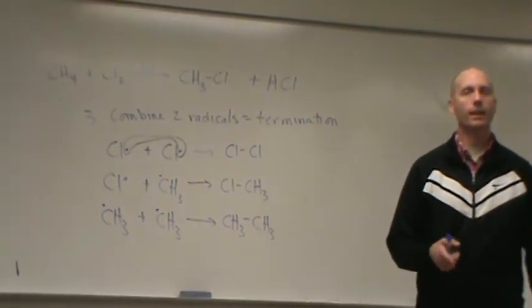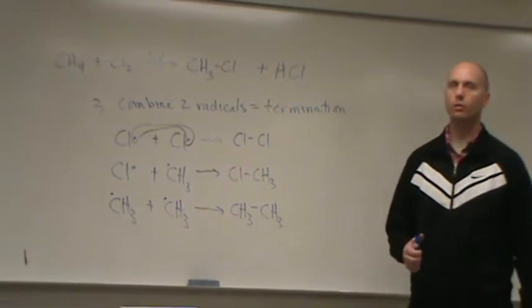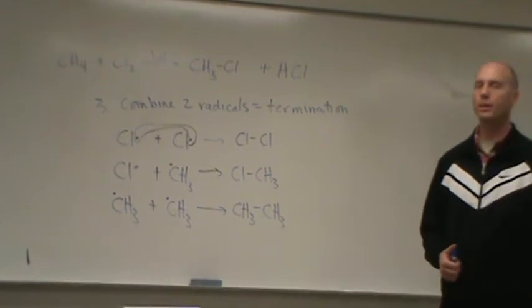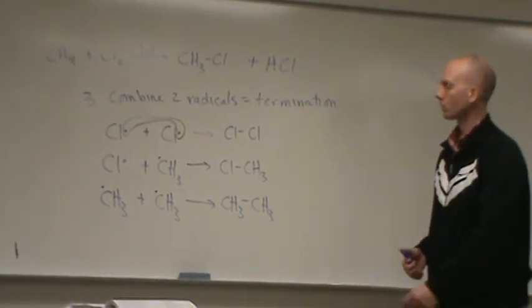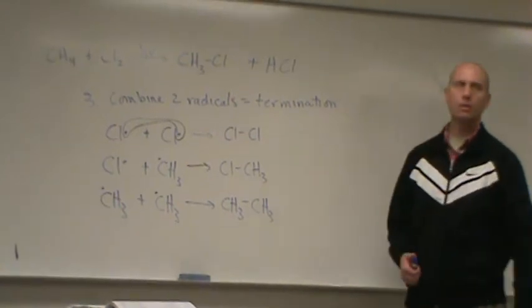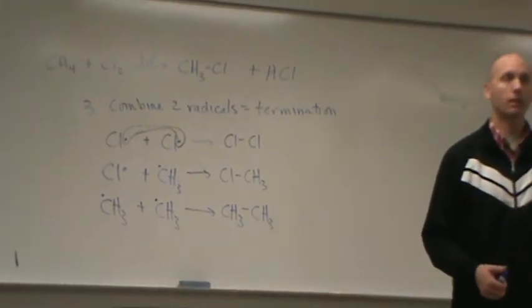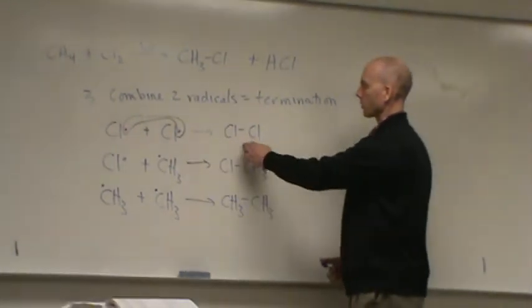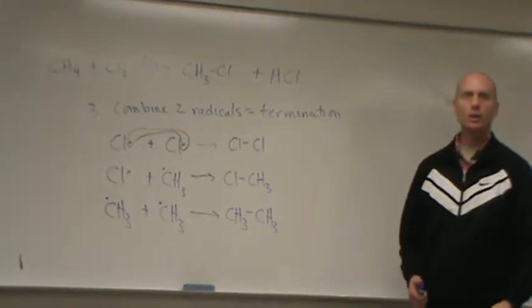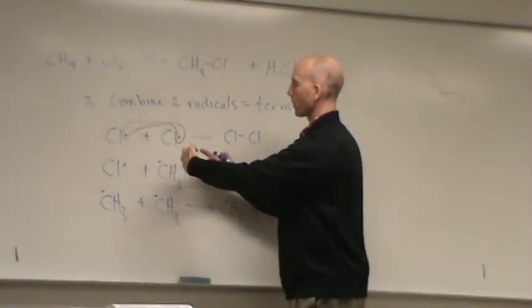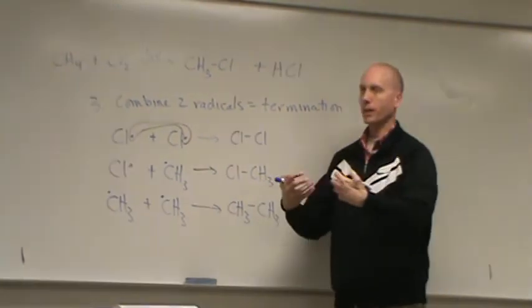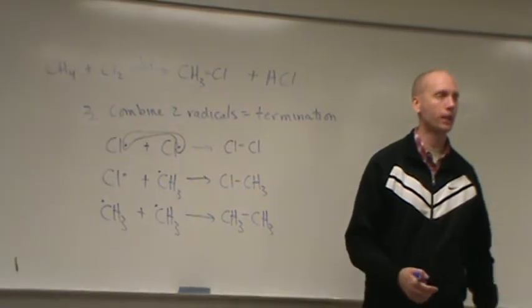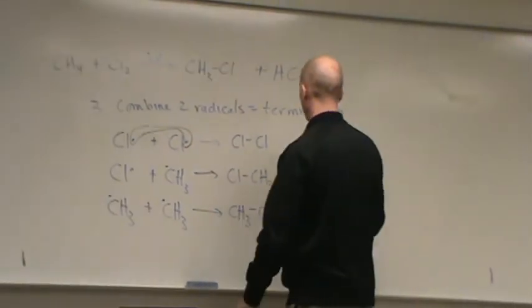What is the main way that termination is different from propagation? What's being produced over here? Radical. No new radicals. See that? It's terminated. It's over. Once these form, there are no new radicals. So you see how with these termination reactions, the reaction will slowly die because I'm getting rid of the radicals that are responsible for doing the reaction.